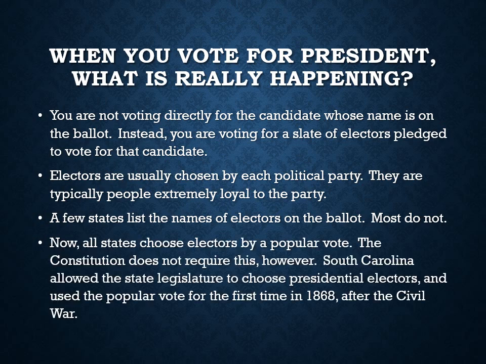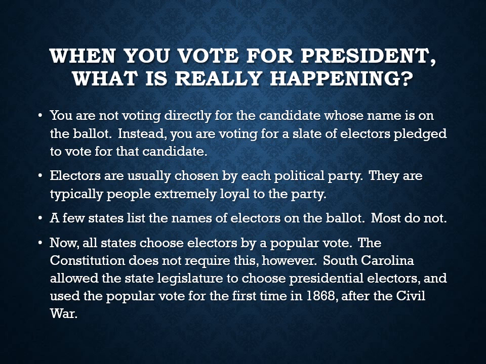Now, today, all states choose their electors by a popular vote, but the Constitution does not require this. For example, South Carolina allowed the state legislature to choose presidential electors, and they only used the popular vote for the first time in 1868, almost a century after the founding of the nation and after the Civil War.